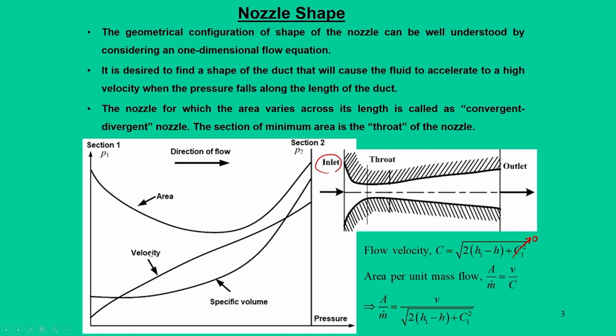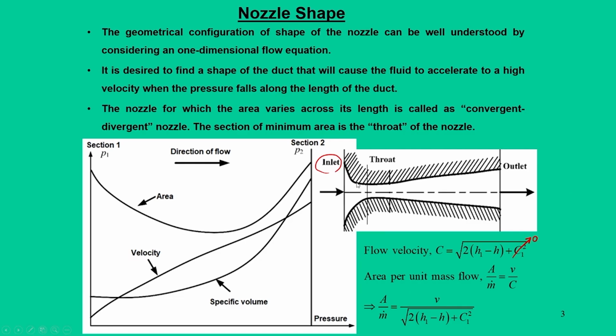And this fundamental diagram that comes out, if you look at a nozzle shape which is initially convergent then divergent, we typically call this a convergent divergent nozzle.